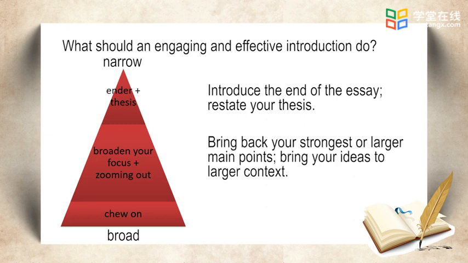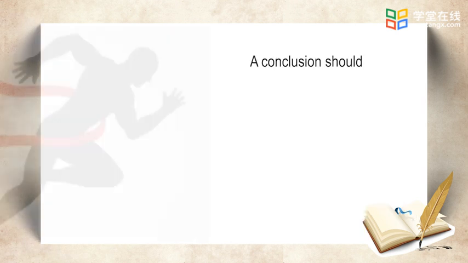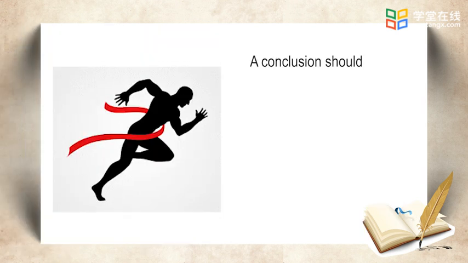And with the main points being restated, the writer usually links the main points to some larger context, and finally tries to leave the reader with something to think about, which can be a question, a resonating fact, or statistic, or an action, etc.